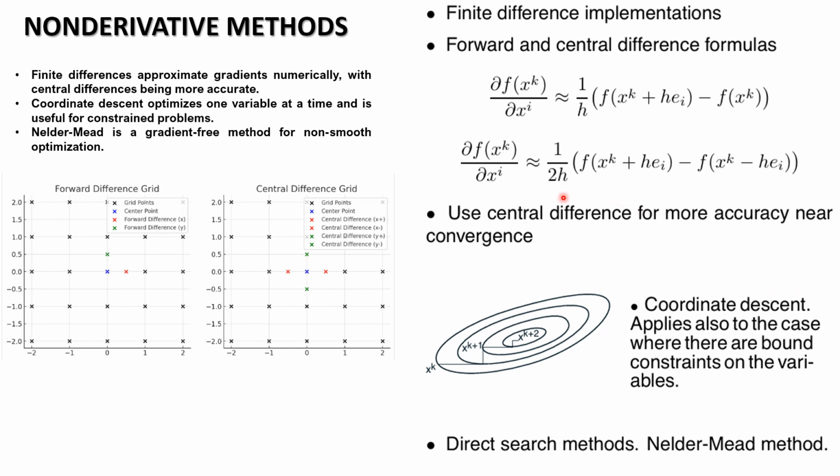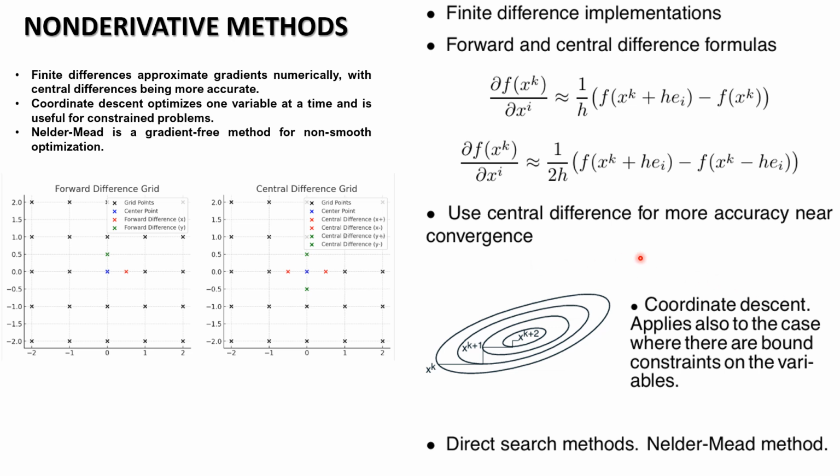Central difference approximation takes a step forward and backward to improve accuracy, reduces numerical errors, making it more accurate near convergence. You can see here the central difference in the direction of x, and the central difference in the direction of y. Forward differences are simpler but less accurate, and central differences are more precise but require twice the function evaluations. Use central differences when accuracy is critical, especially near convergence.